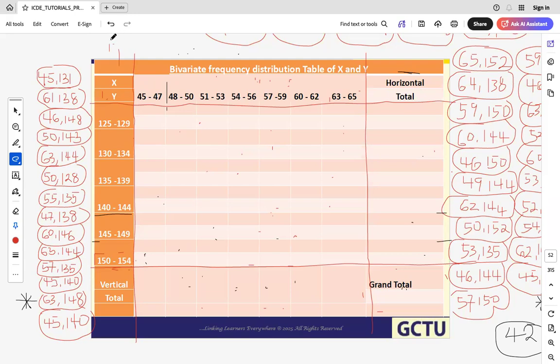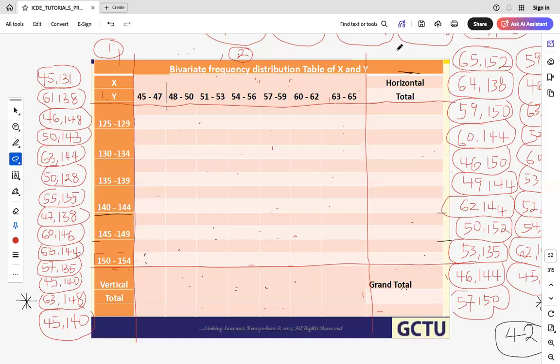This is the first area, the variable area. So you could see I have positioned X and Y here, area number 1. Then this is what I labeled as area number 2, where I said it is the class intervals for X. So that's what you are seeing here.